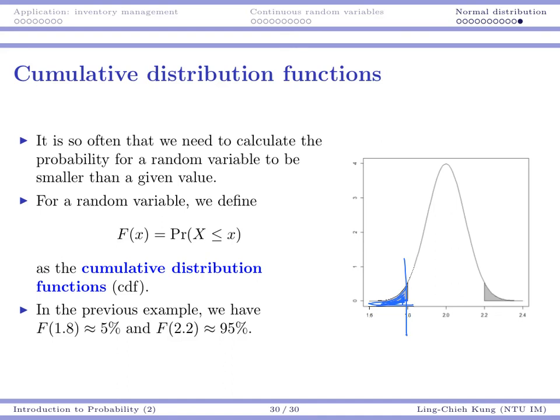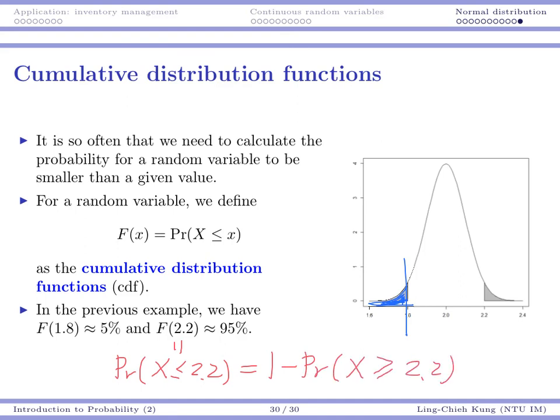So naturally with the previous example, F of 1.8 would be around 5%, and F of 2.2 should be the probability for x to be less than or equal to 2.2 by definition, right? And it's 1 minus the probability for x to be above 2.2.